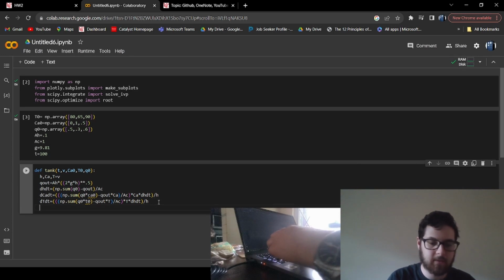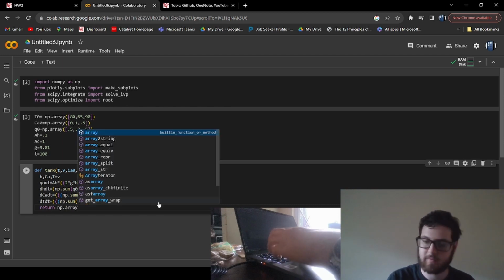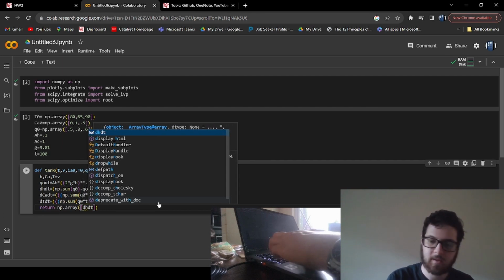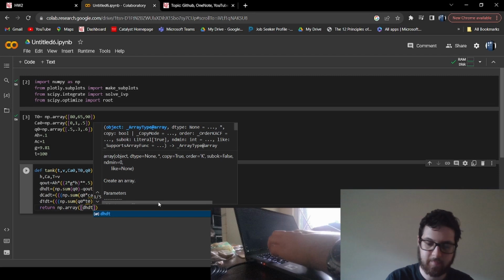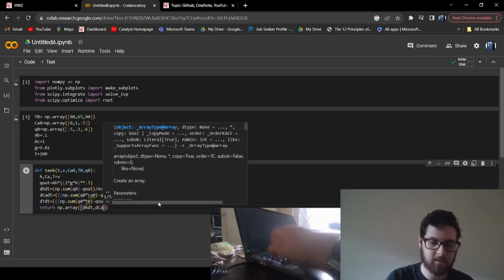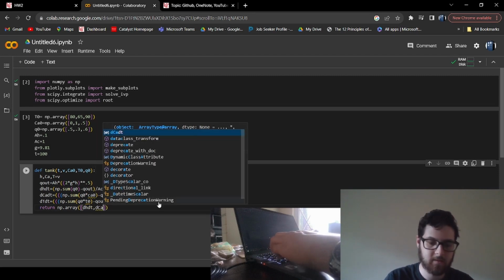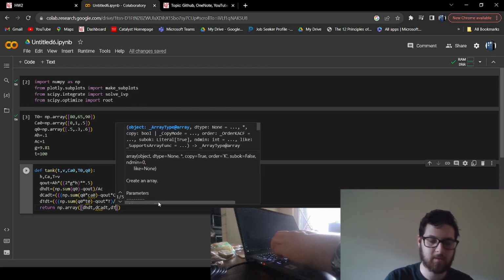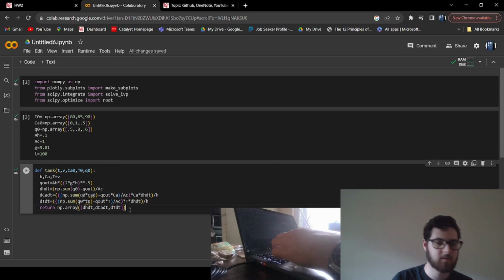And then we want these returned into an array of just all three of these, dH dt, dCA dt, and dT dt. Alright, it acts like it's working, so I think it likes it.